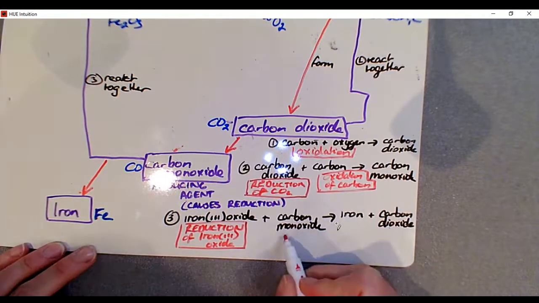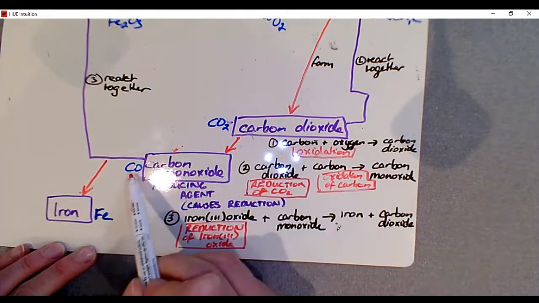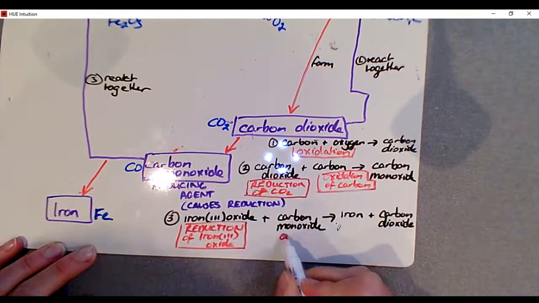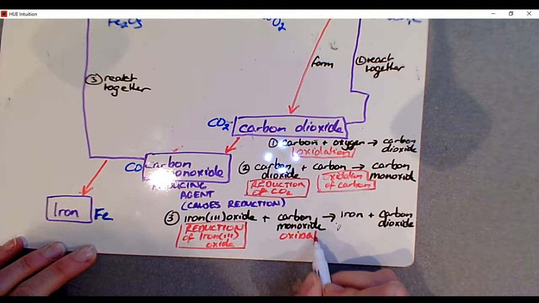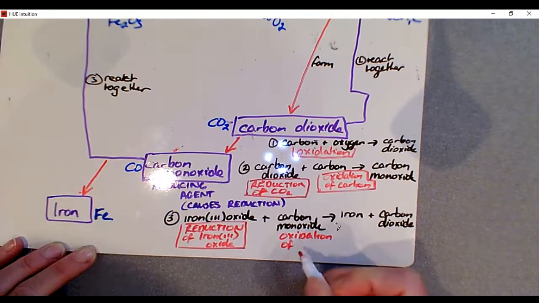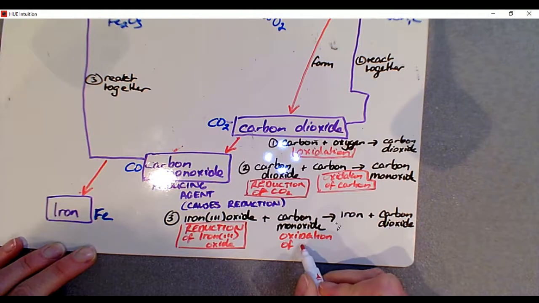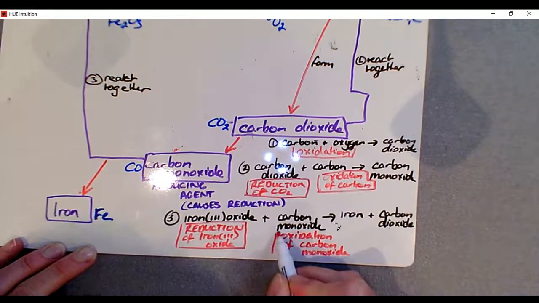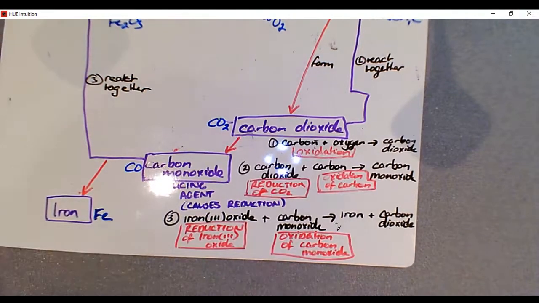So carbon monoxide has gained oxygen. It's gone from CO to CO2, and then it has been oxidized. So you've got oxidation of carbon monoxide, and you know, because it has gained oxygen.